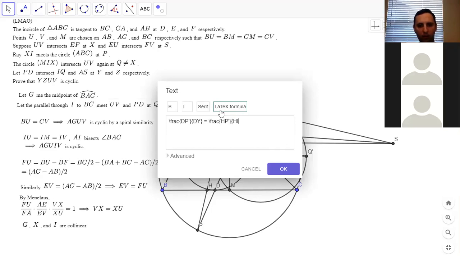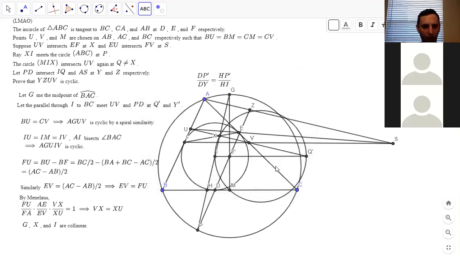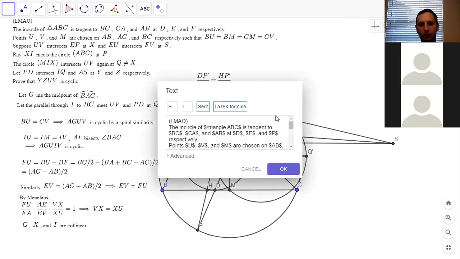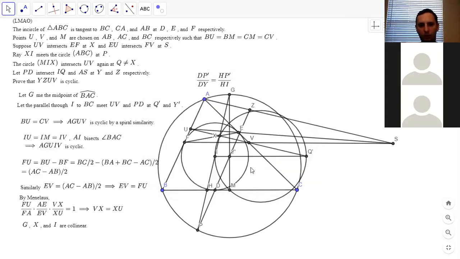All right. I'm just going to finish writing this out. So HP prime over HI, which is IP over IG. Actually, not P prime, Y prime. Yeah.